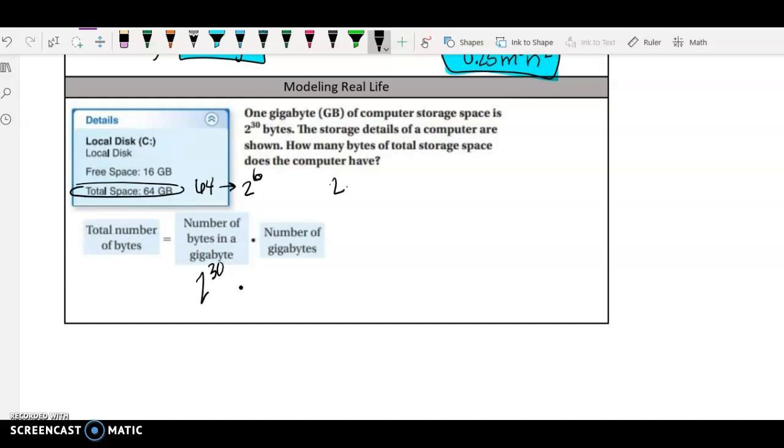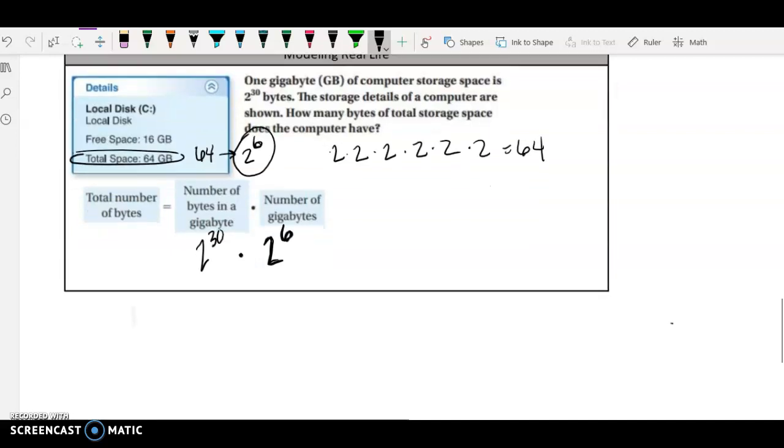Because 2 times 2 times 2 times 2 times 2 times 2 equals 64. And the reason we're switching it to a base of 2, so it's the base of 2 to the 6th power, is because we want to use our rules, and we can't multiply something that doesn't have the same base. So we have 2 to the 6th power is the number of gigabytes.